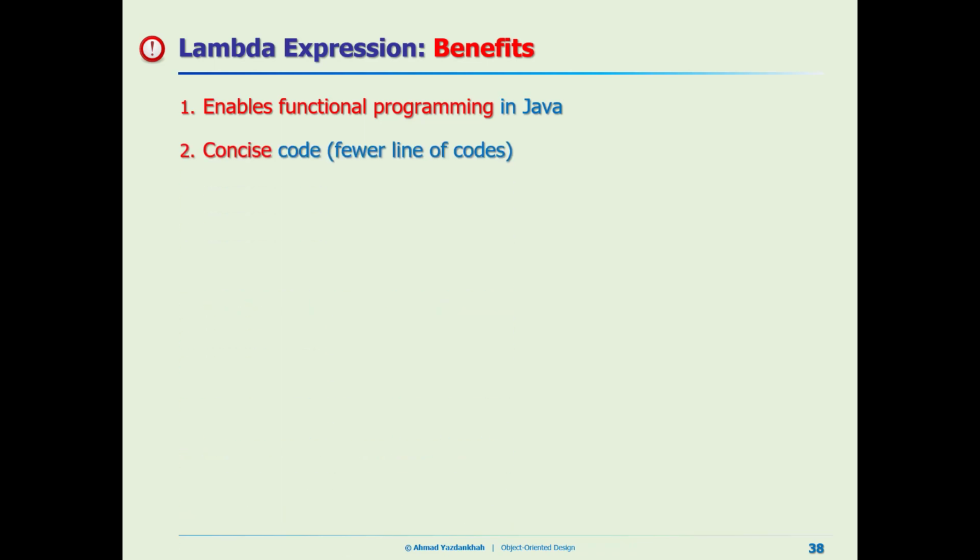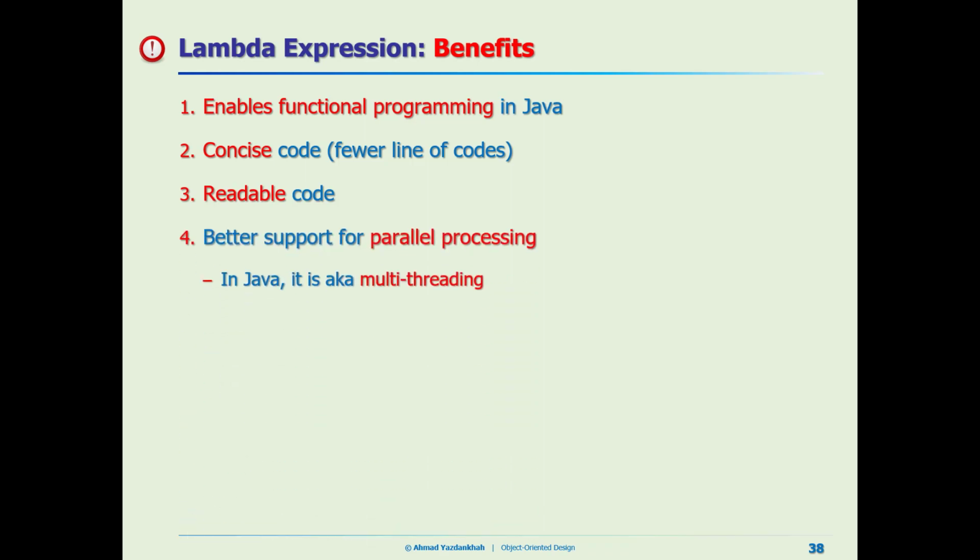Okay, so what benefit do we get from the lambda expression? First of all, it enables us to add functional programming into Java. And we learned that it's very concise, with fewer lines of code, and it is very readable if we get used to it, of course. Also, another benefit is that we can use parallel processing or multi-threading better and easier.